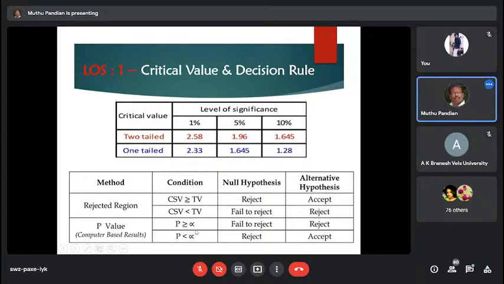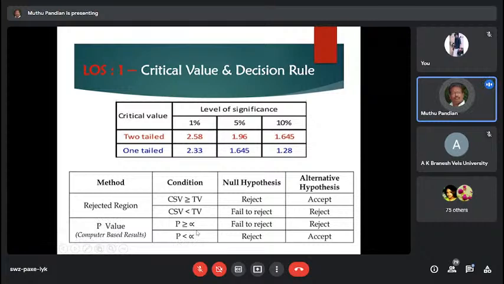The level of significance is in percentage, so you have to multiply the P value by 100 to convert it into a percentage.